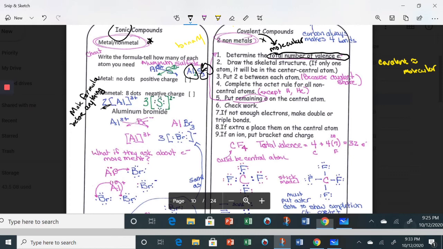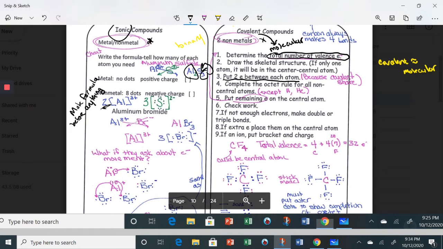Something has to be in the middle, so we draw that in the middle, and then we draw the other things around it with space so that you can fill in electrons. Okay, then you put 2 electrons in between the atoms, each one where there's space.